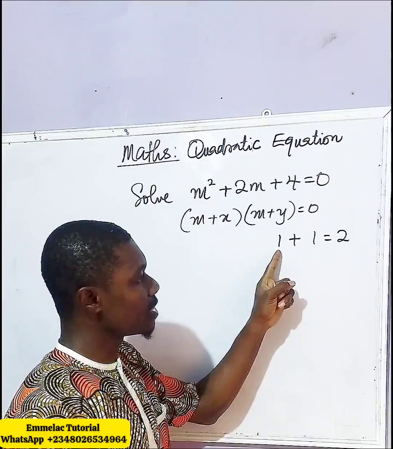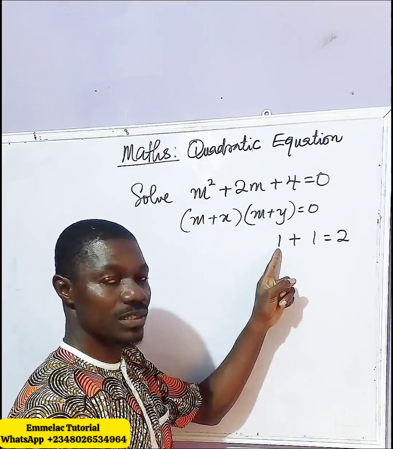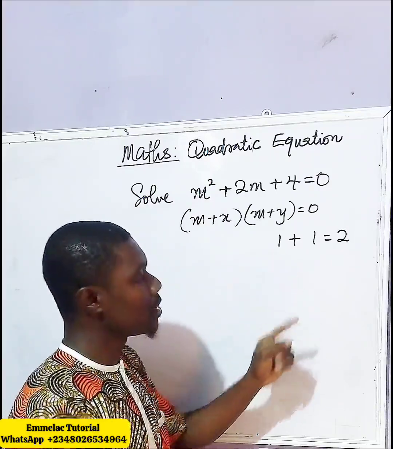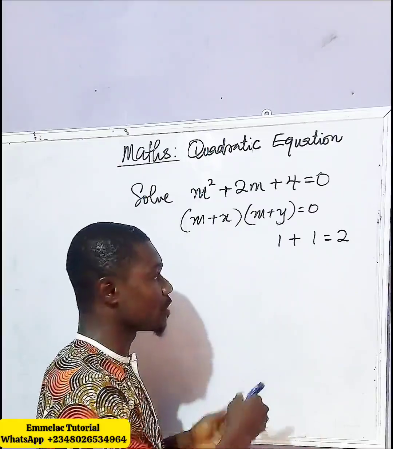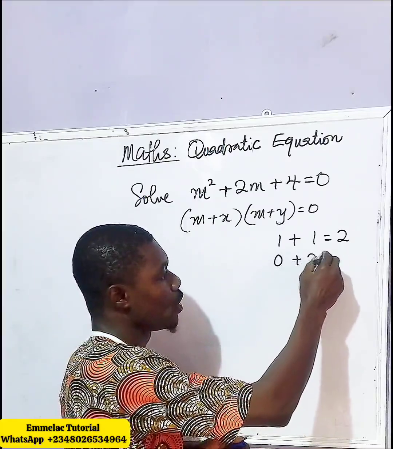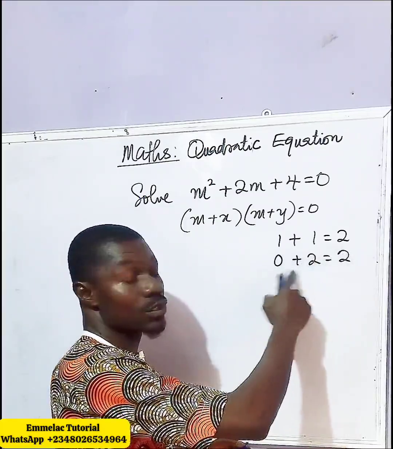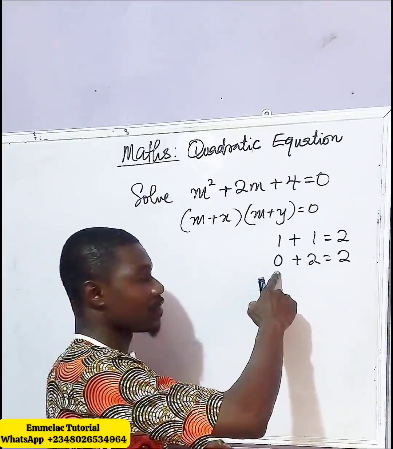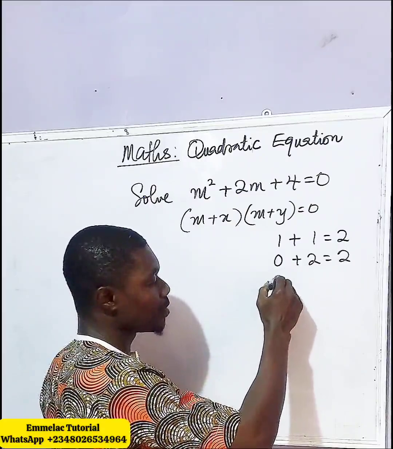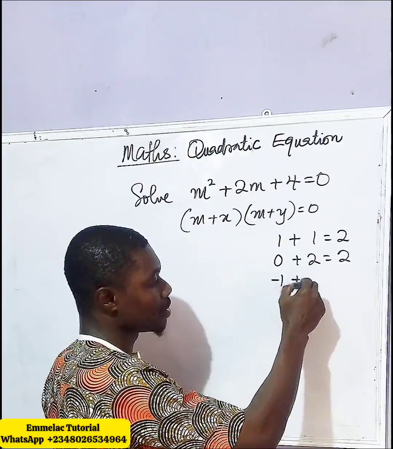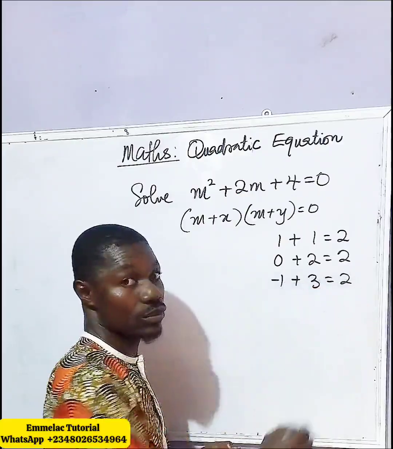If we shift away by a particular constant, let us assume 1, then 1 minus 1 gives us 0, and that same 1 added to the other 1 gives us 2, so 0 plus 2 gives us 2. If I shift away again by 1, which means minus 1, and add that same 1 to this, that will give us 3, still giving us 2.